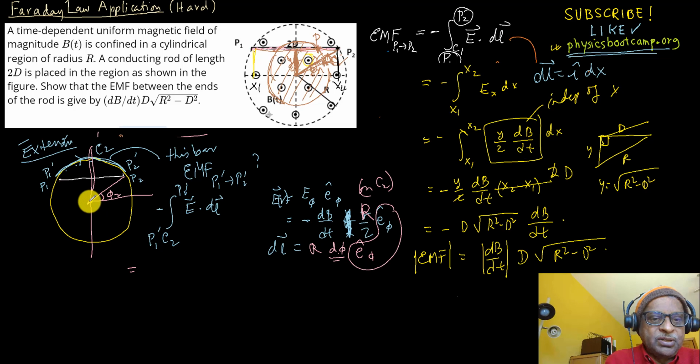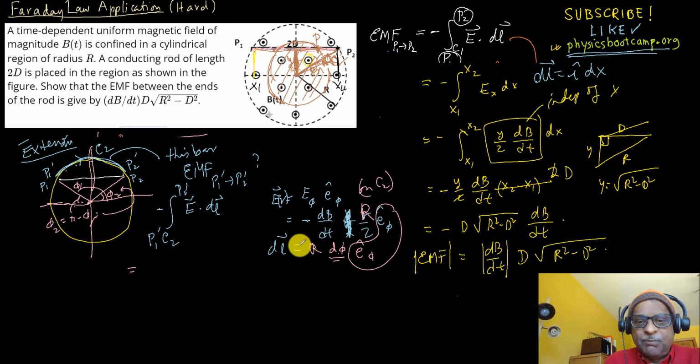So this is say phi 2, and from here to here is phi 1, and this angle is pi minus phi 1, and this angle is the same as this angle based on symmetry. So that's equal to phi 2.